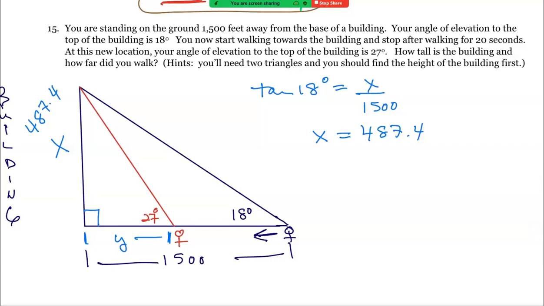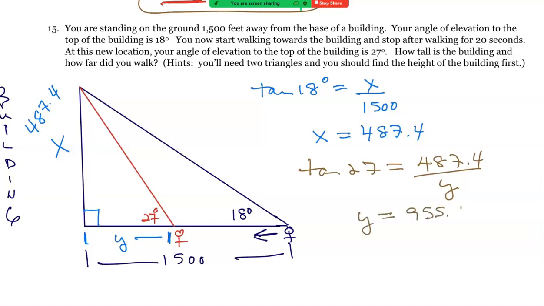So I'm going to say now the tan of 27 equals opposite, the height I just discovered, over the y that I can get by using my right angle trig. And I end up that y is 955.8. Okay, so right here is 955.8.